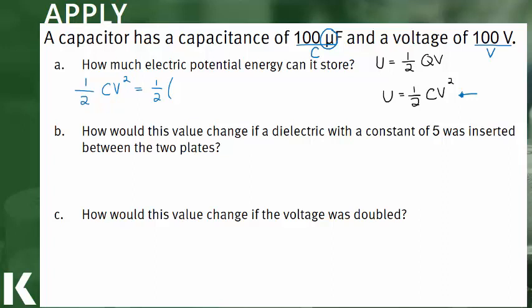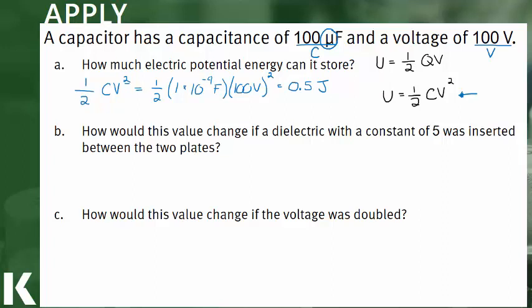So 100 microfarads would be 1 × 10⁻⁴ farads. And our voltage would be 100 volts. And remember, we need to square it. So if we crunch the numbers here, we'd find that we can store 0.5 joules of energy.